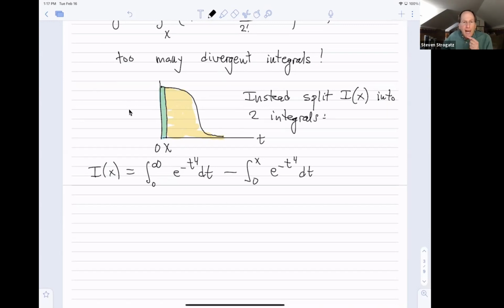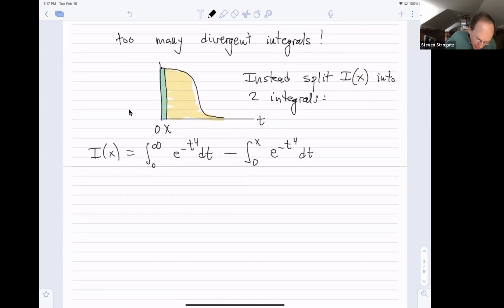The beauty of doing that is that the first integral we can evaluate exactly, and for the second integral we can make use of the fact that x is small, and there our Taylor approximation for e to the minus t squared will work very nicely. So let me do each of these integrals separately.